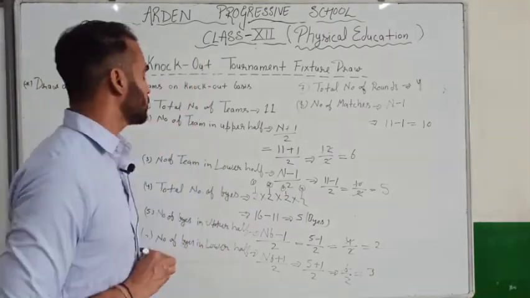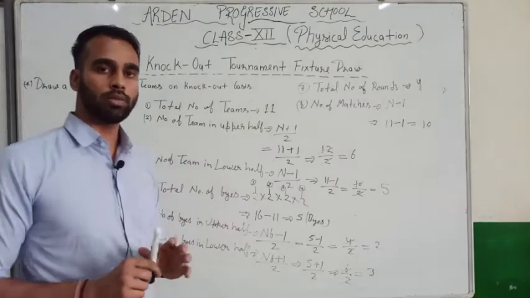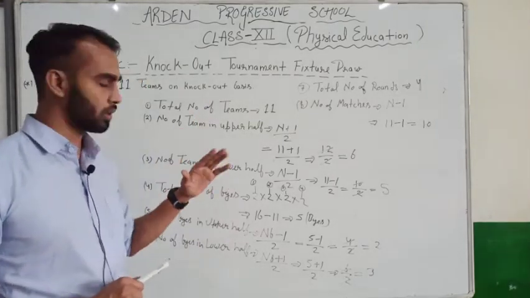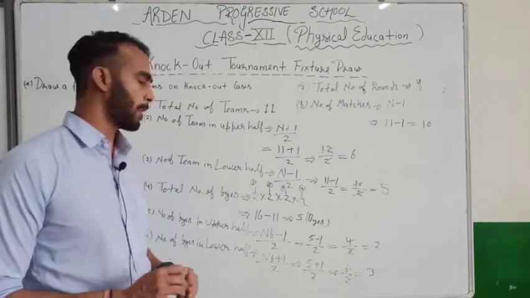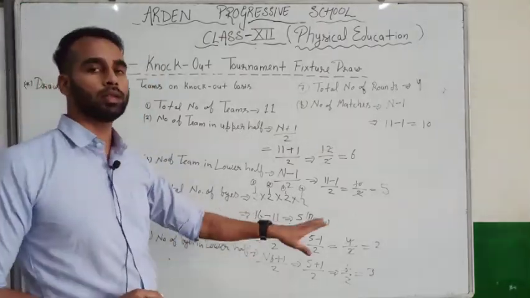The next highest power of 2 above the total number of teams is 16. So 16 minus 11, and the total number of byes is 5.